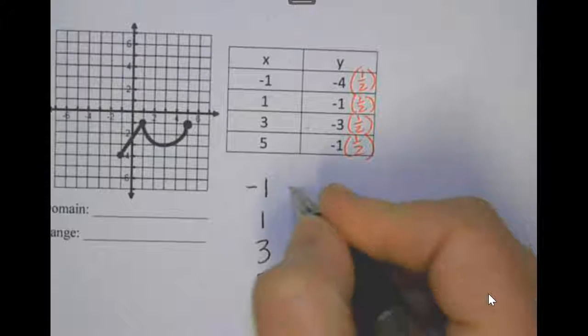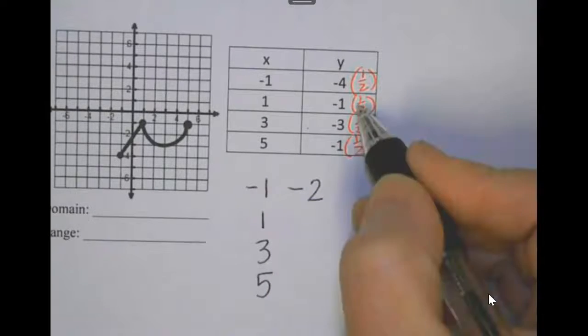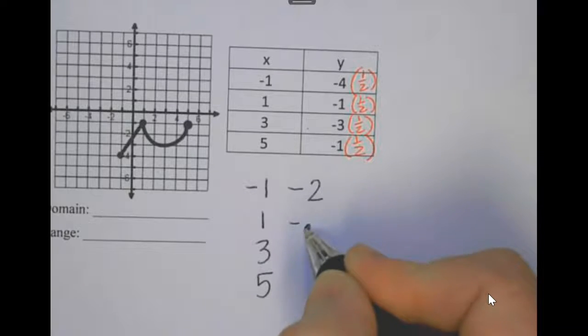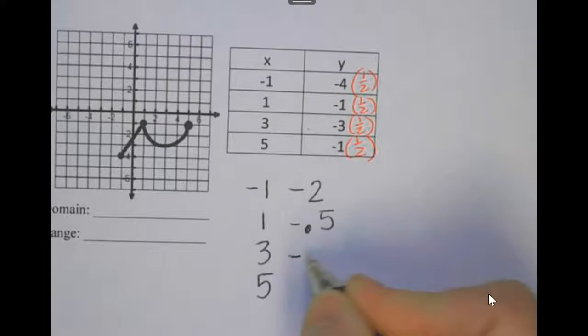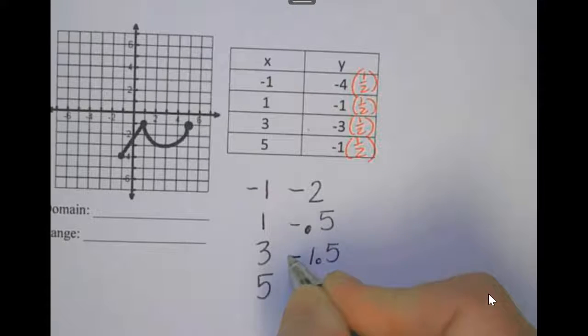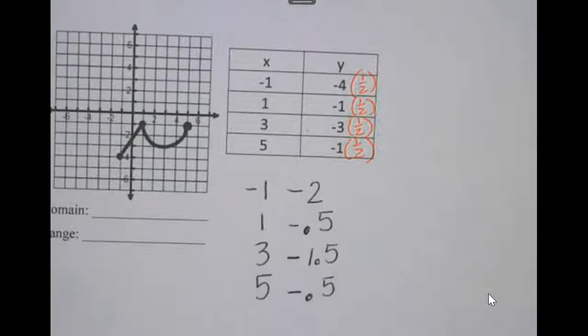1/2 of -4, 1/2 of -1, 1/2 of -3, 1/2 of -1. This is the points for my new graph.